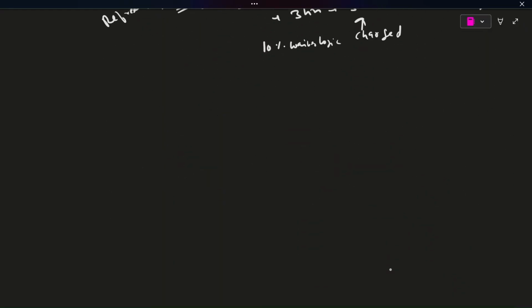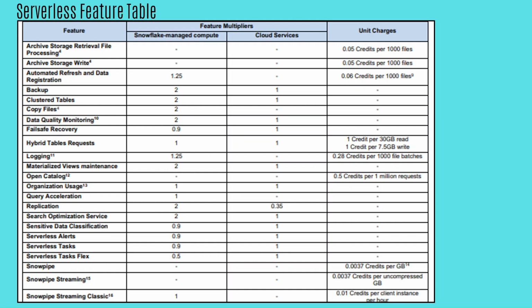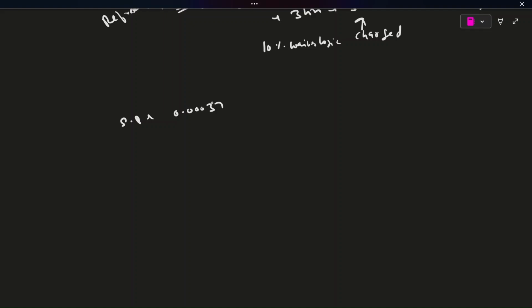So for Snowpipe it's 0.0037, right? I think we put 1 zero extra earlier. 0.0037 per GB.